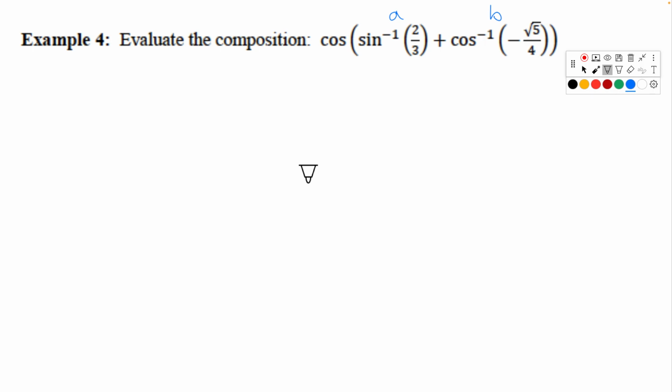And let's see how we're going to do this one. So what we know is that inverse sine of 2/3 equals angle A. So what if we took the sine of both sides?